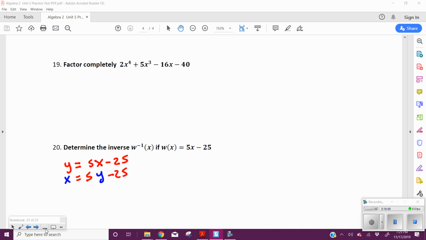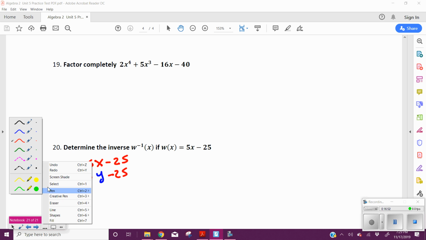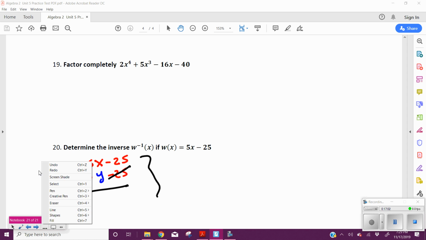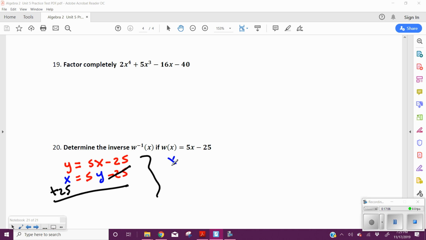And now we get y by itself. First thing I'm going to do is add 25 to both sides. Which would give me x plus 25 on the left is equal to 5y on the right.